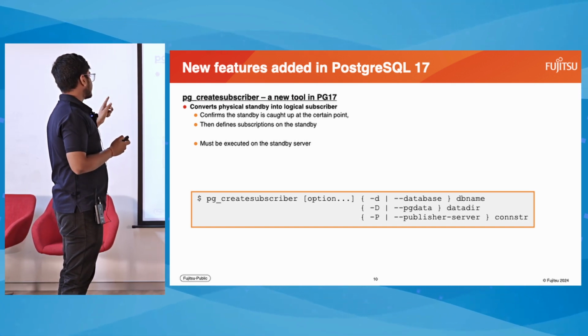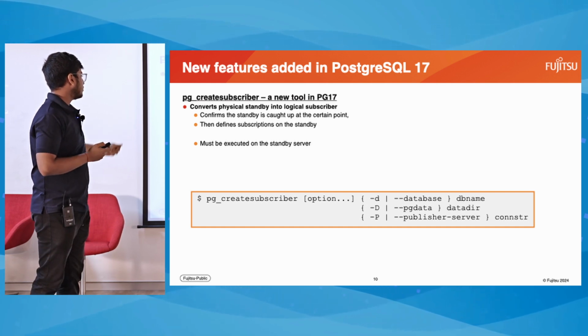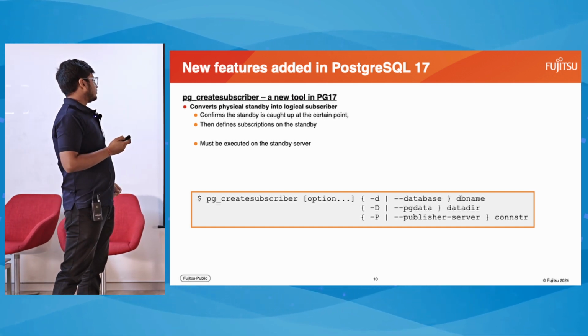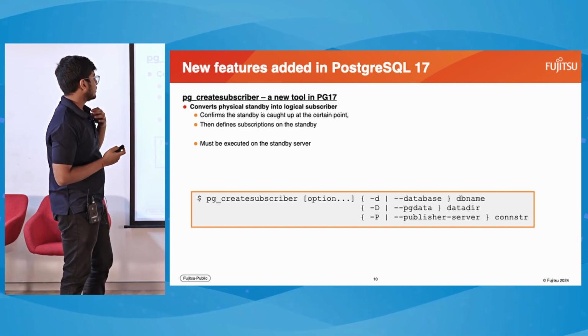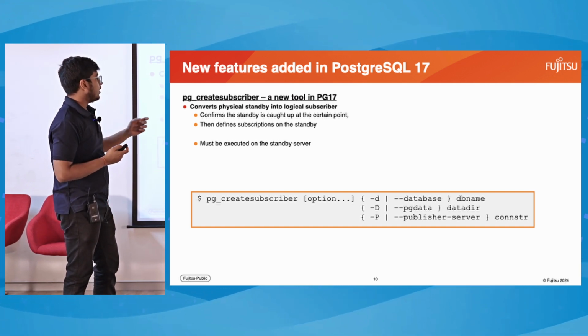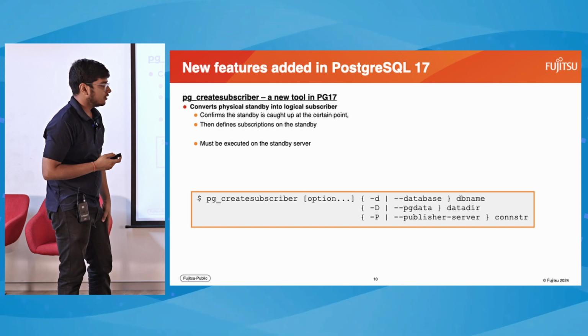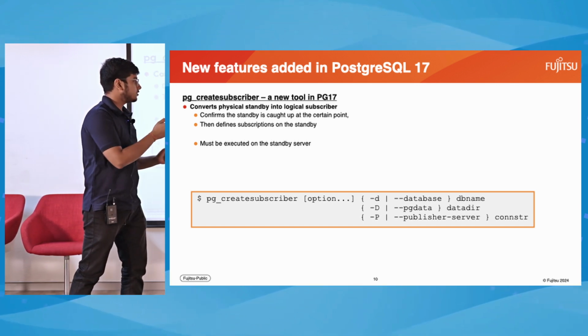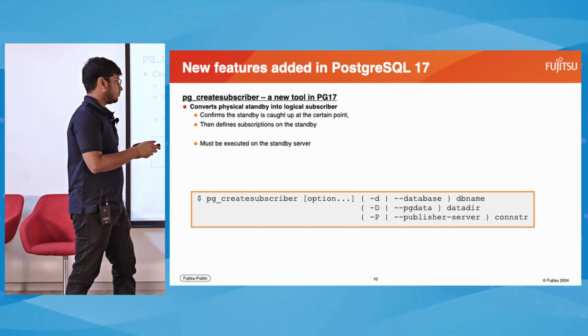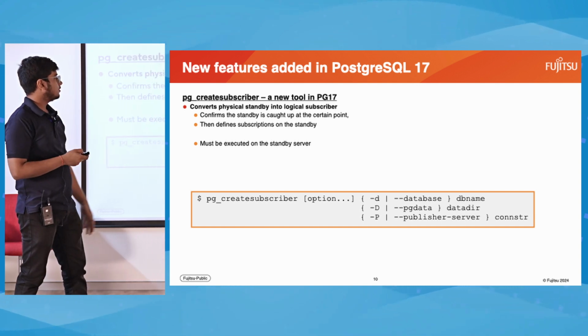This is the syntax we use for pg_createsubscriber. We specify the database names for which we want to run this tool, the data directory of the standby node, and the connection string of the primary node.